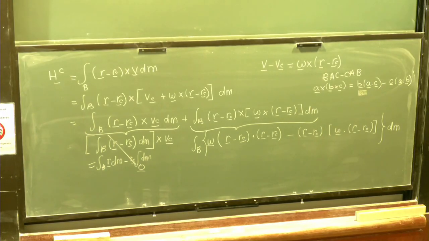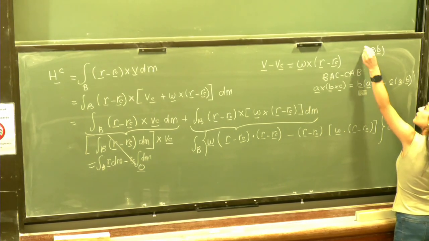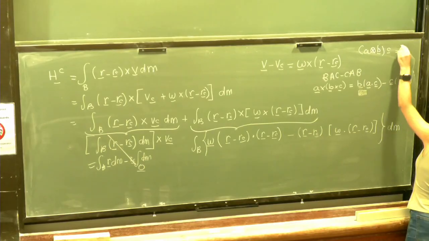Maybe using the tensor product, the definition of the bond product. Remember that A bond B applied to C is B dot C acting on A.